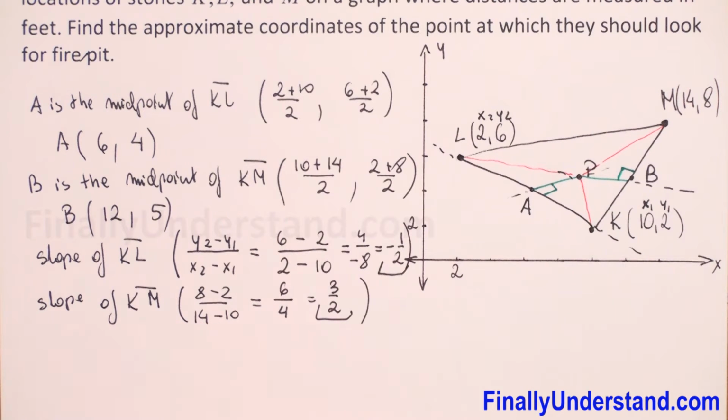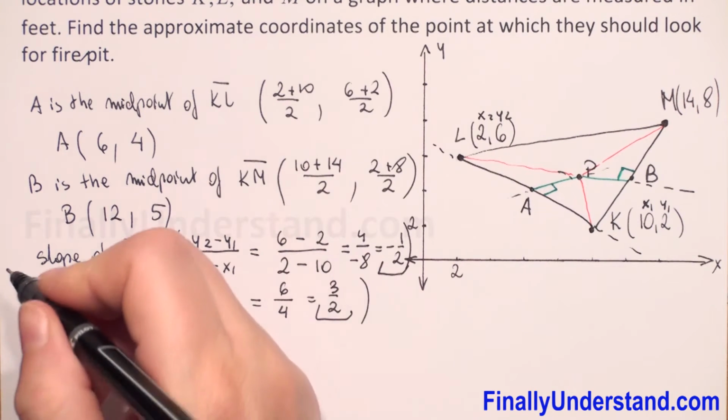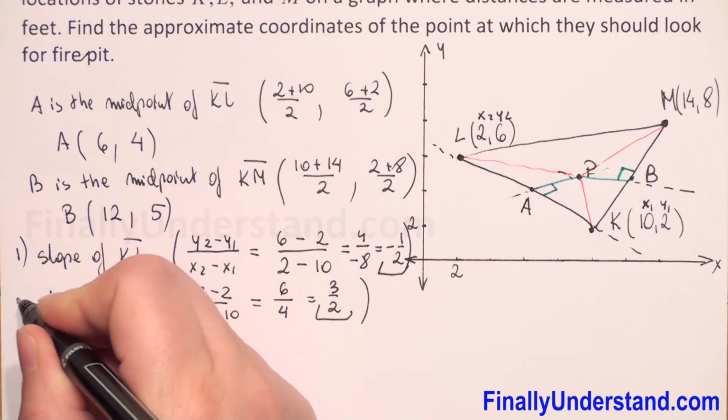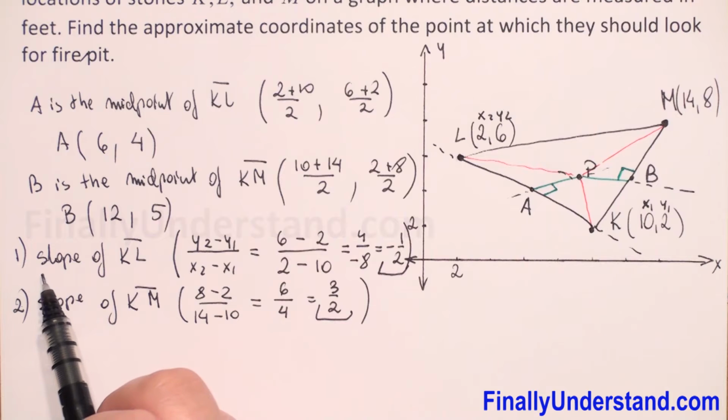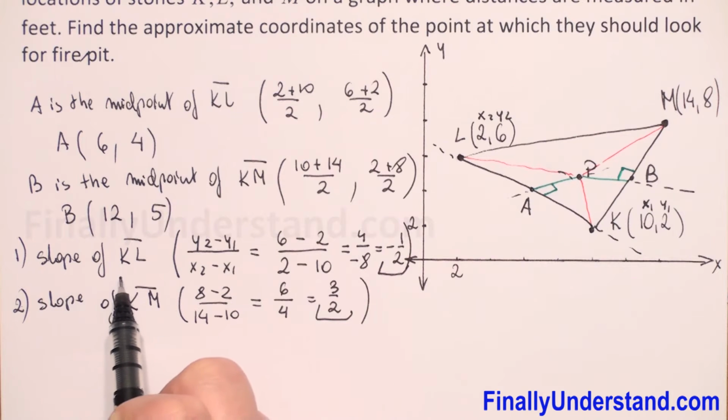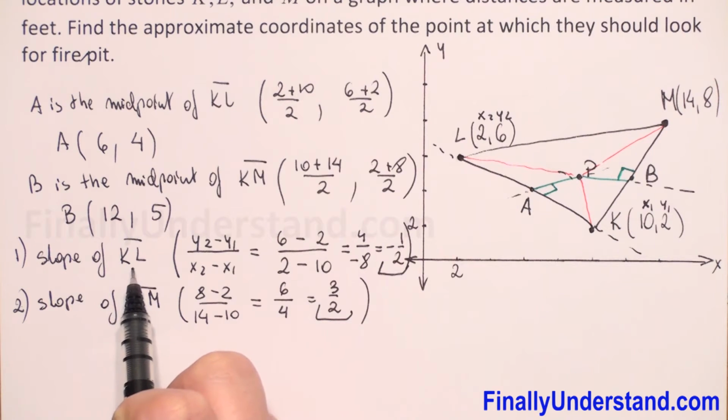So first, let's put that this was 1 and 2. So now we have to find the slope of the line which is perpendicular to KL.